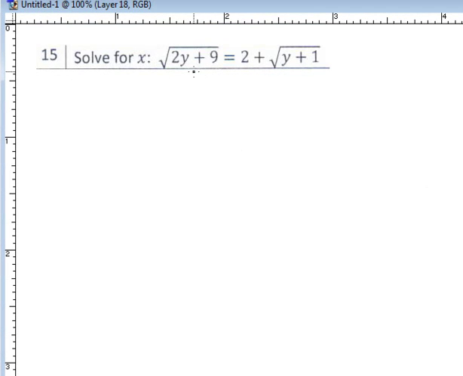Okay, in question 15, we have another radical equation. One of the radicals is isolated on the left side, so we're ready to square both sides. So let's do that. All right, so we're going to square both sides.